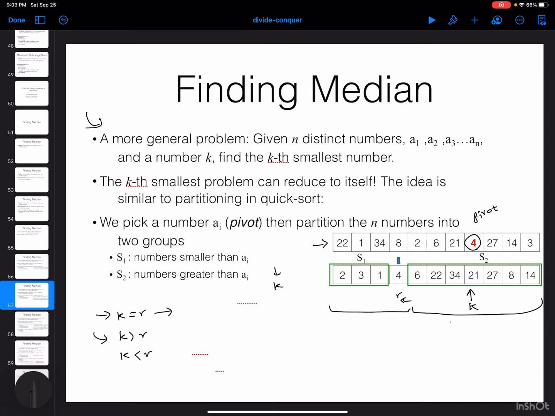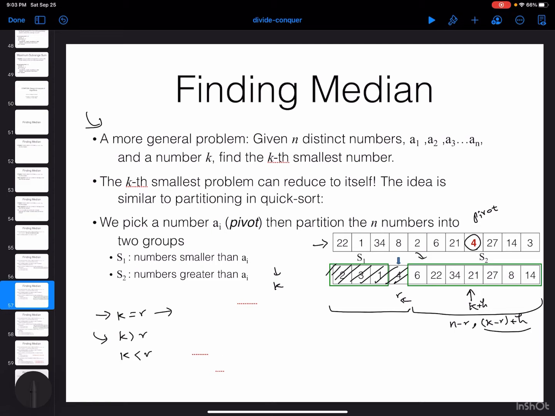So the problem will be of size n minus r, and you are looking for the rank k minus r, because this part of the array will already be removed. How many of the items? R number of items.